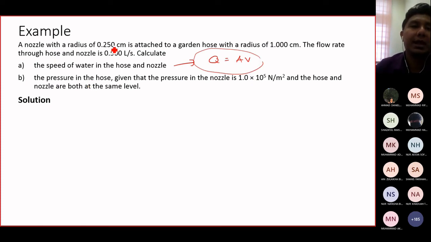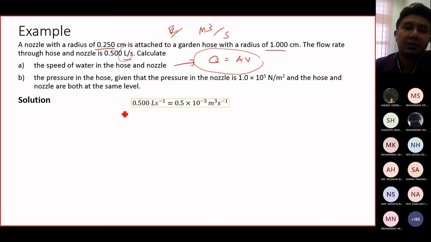This is rather straightforward. And remember, the flow rate unit must be meter cube per second, cannot be liter. So everything should be in SI units.